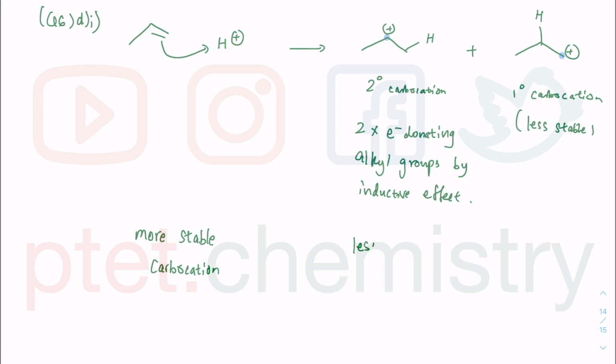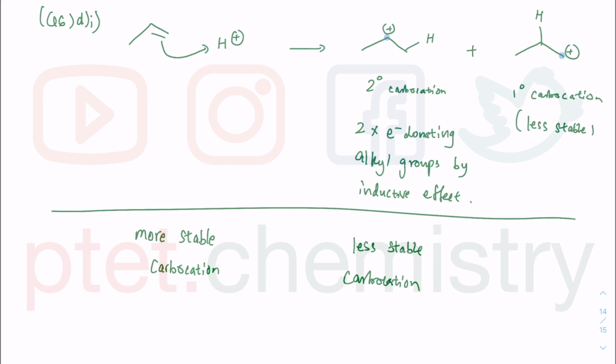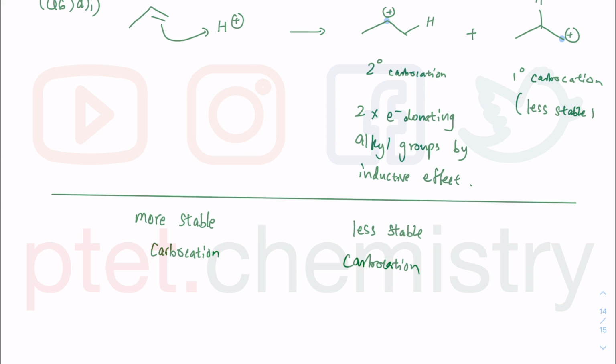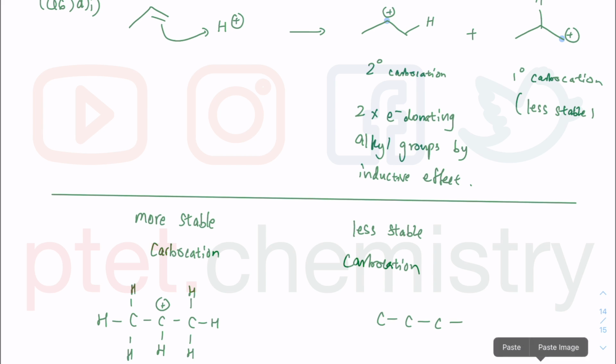So this is the less stable carbocation. So this is the most stable one. So there is your secondary one. So there is C, C, and C. This is a plus. There is a H, there is a H, H, and H. And then there is a primary carbocation. So there's a H, there's a plus there.